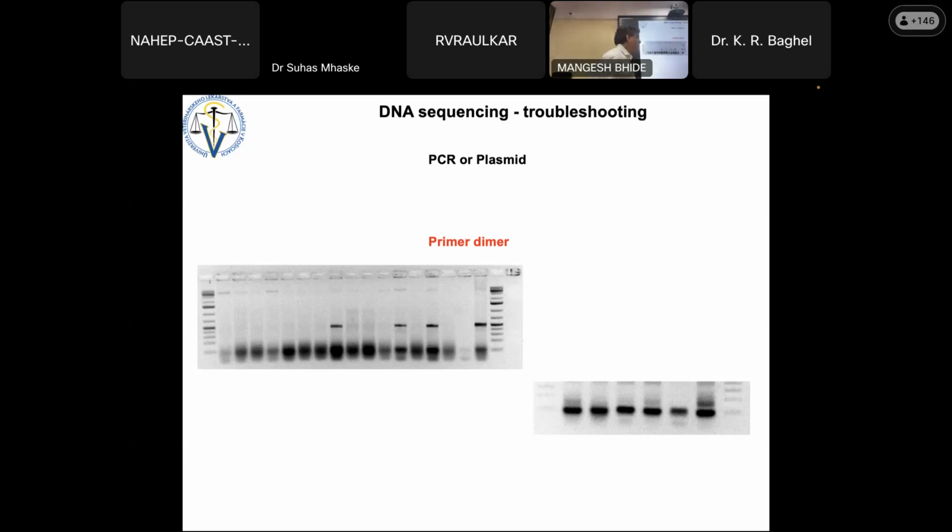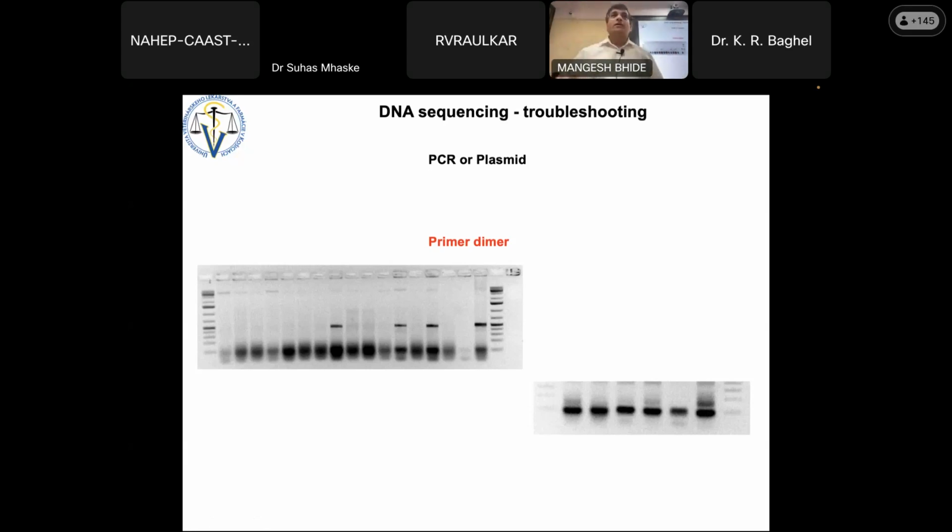Now this is another typical example. Where is the dimer here? Can you predict where the dimer could be? Unfortunately, the bigger band is the dimer and the upper one is the PCR product.